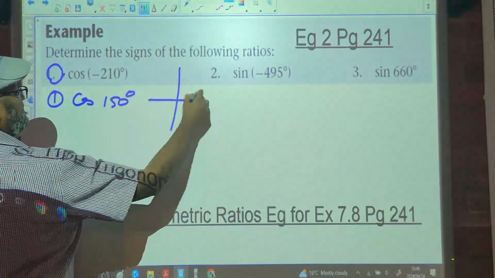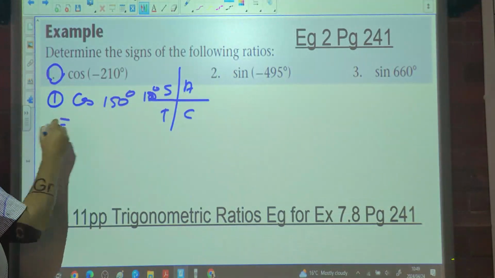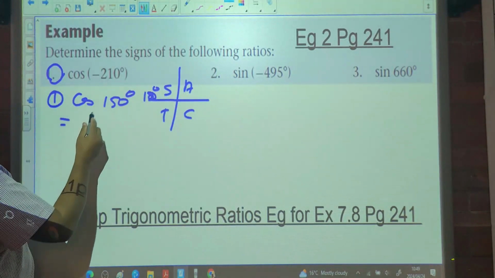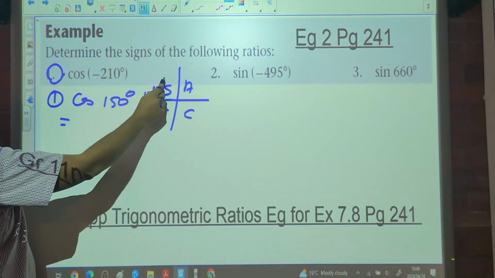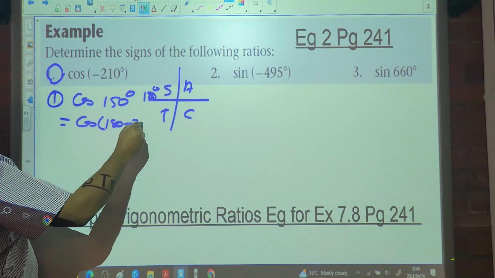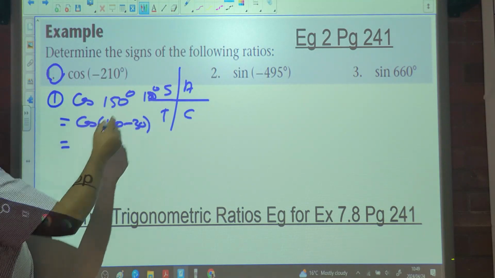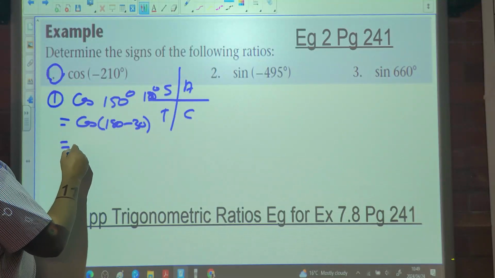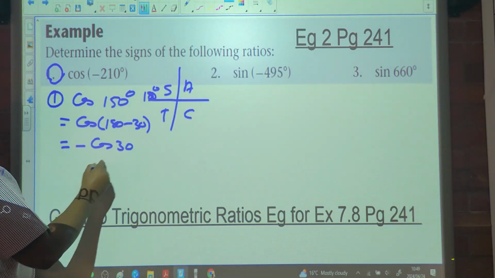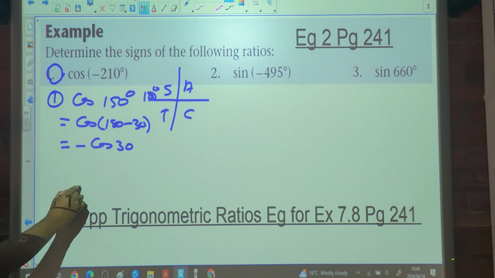So we go, all stations to play 1. That's 180. The 150 is in which quadrant? Second quadrant. So it becomes cos of 180 minus 30. Is cos positive or negative there? It's negative, so negative cos of 30. This reminds us of special angles.